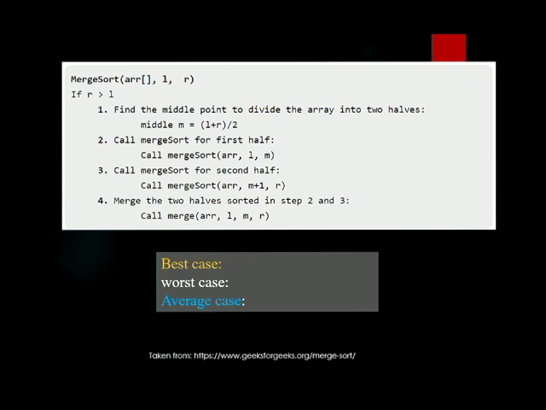Then you call merge sort again, providing the left half of the array and the right half of the array. Is it understood? You're calling the merge sort function by passing the left part and right part. Then once you get the solution for those two parts, we're going to combine, merge this.